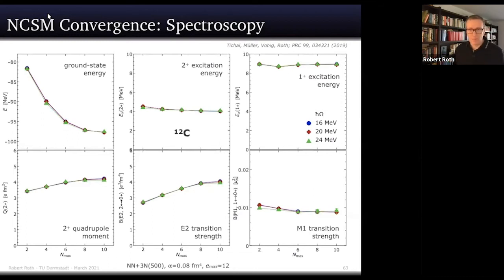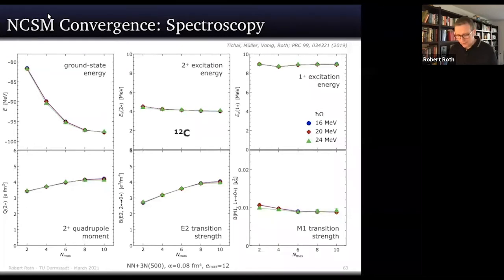It's not a separate calculation to address an excited state or to address an electromagnetic observable. It's all just the eigenvectors that you got from your diagonalization, which give you this information. And all of these converge nicely, as you see in the natural orbital basis, which is used here.